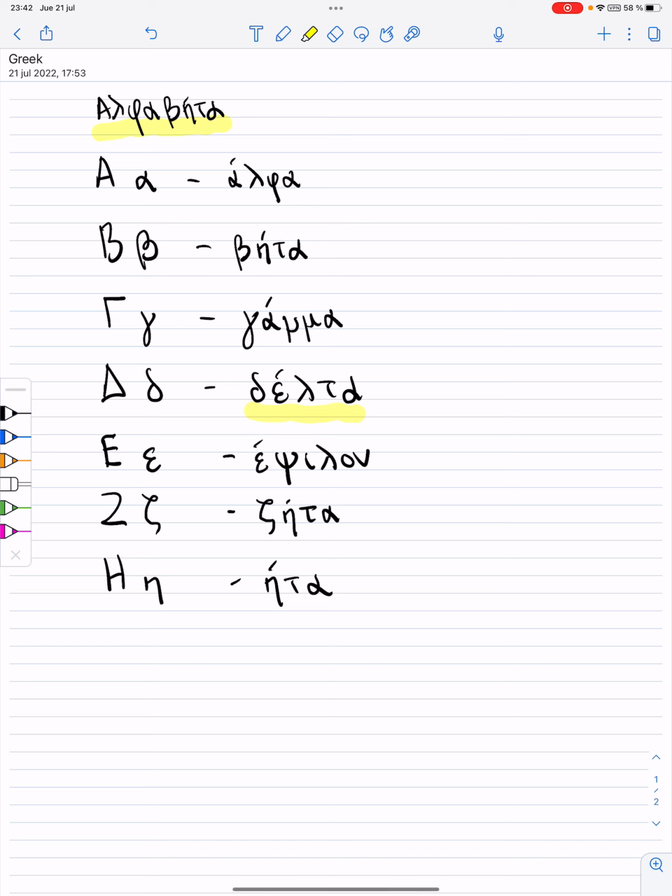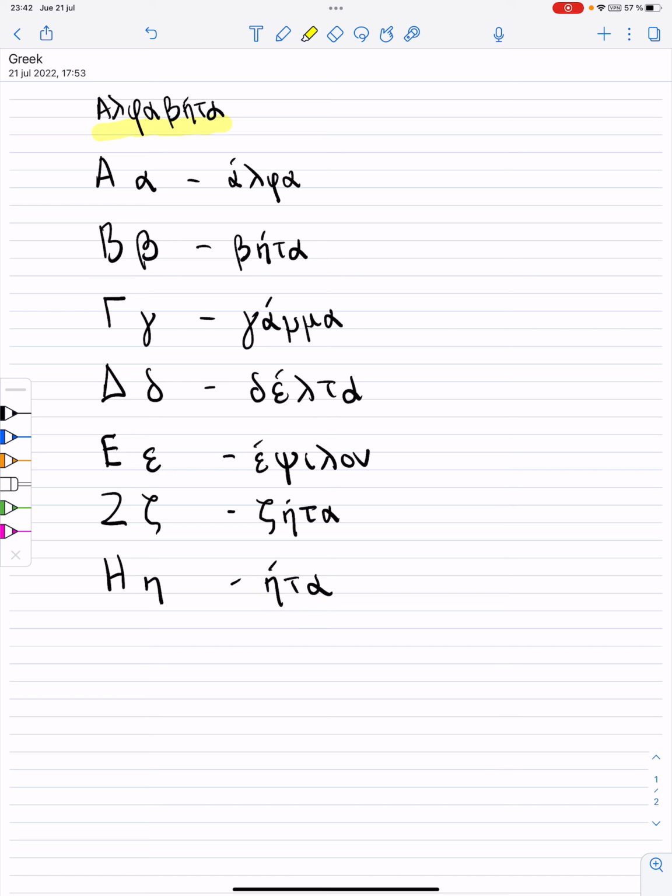This one, again, in the modern Greek, dέλτα. Remember, the dέλta. Here we go. Έψιλον. Modern Greek. Correct. Zήτα. And here, ita. Okay, I think that's enough for today.